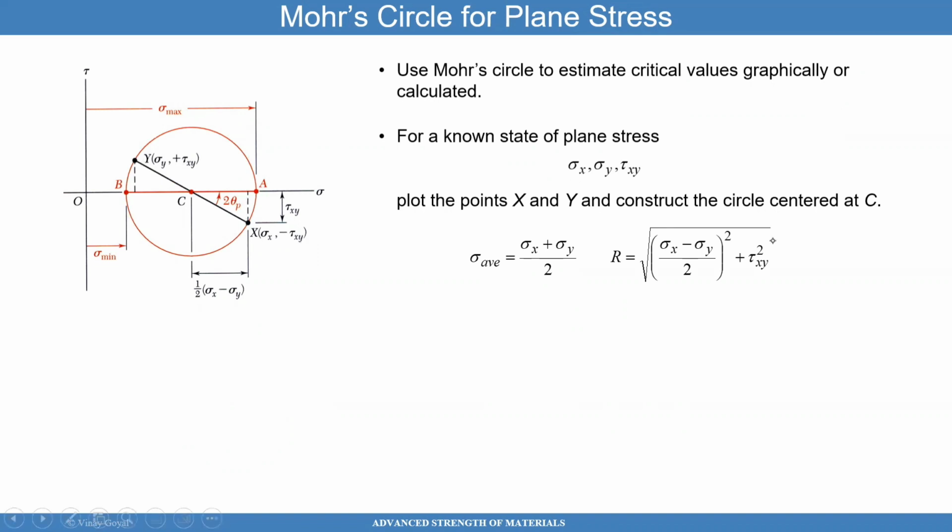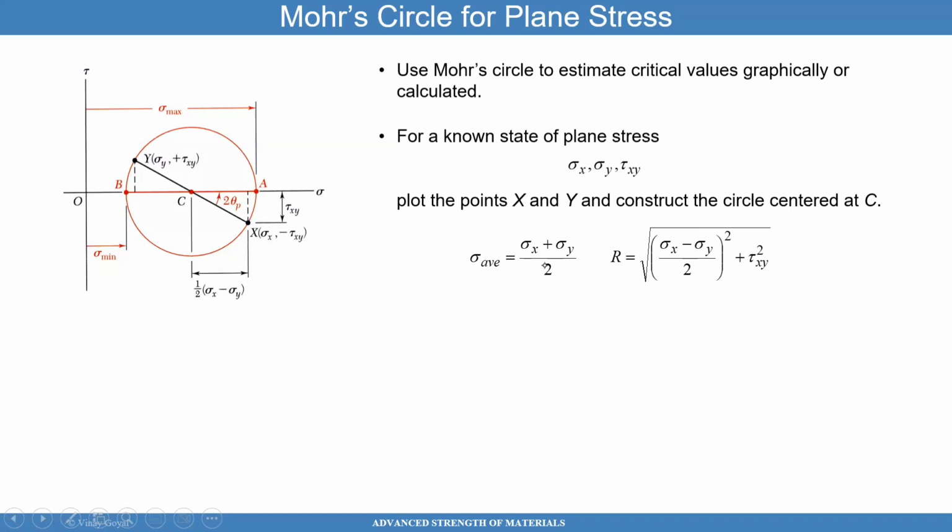The next step is to construct a circle centered at C. And the circle is going to be centered at a value of sigma x plus sigma y divided by 2. And the radius of the circle is going to be this. So very simple. Just simplifying the average of sigma xx and sigma yy.